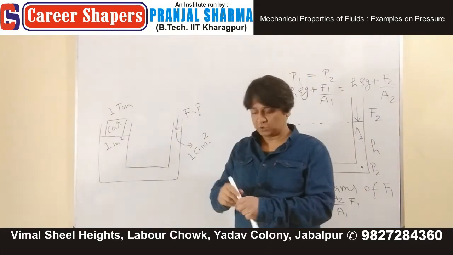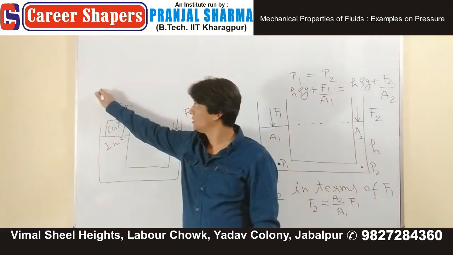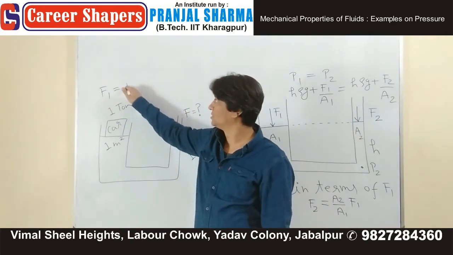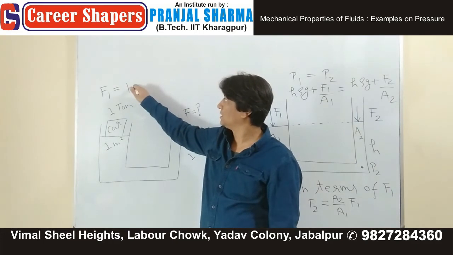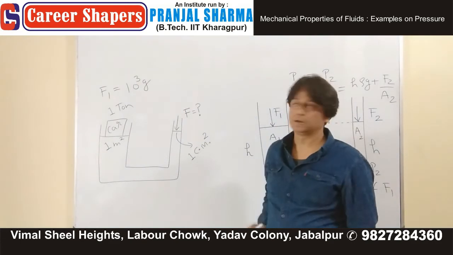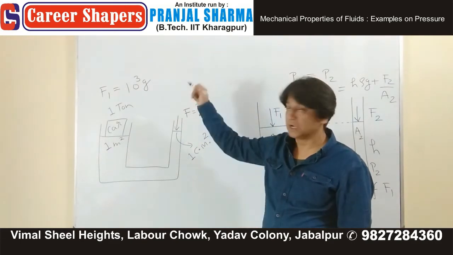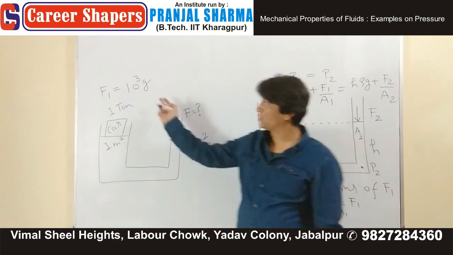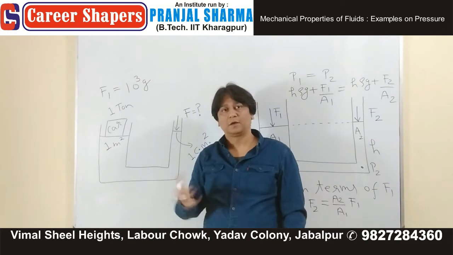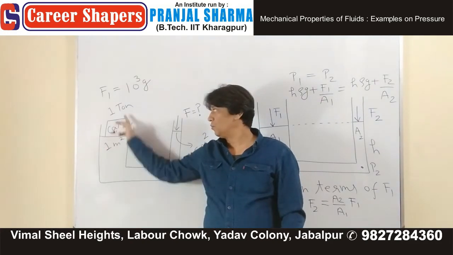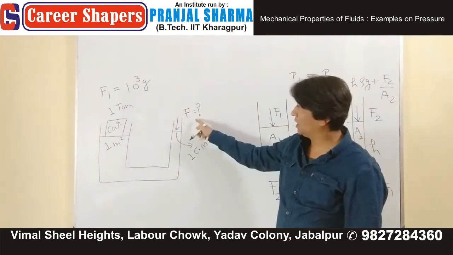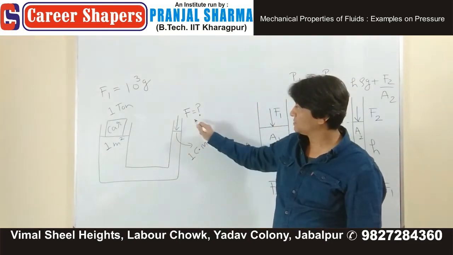So in this question, your F1 is 1 ton, which is 10 to the power 3 G, mg. That's 1 ton. Don't forget to use this G. If you simply write 10 to the power 3, kahani gadbad. 1 ton is 1000 kg multiplied by G. This F is basically F2.